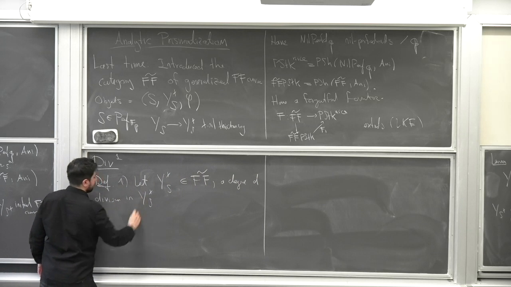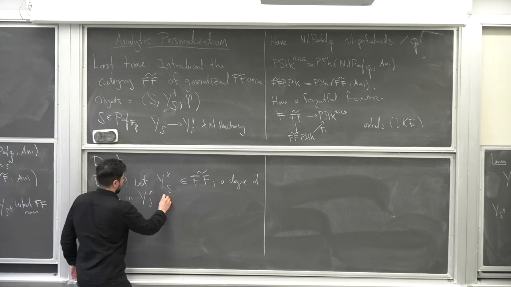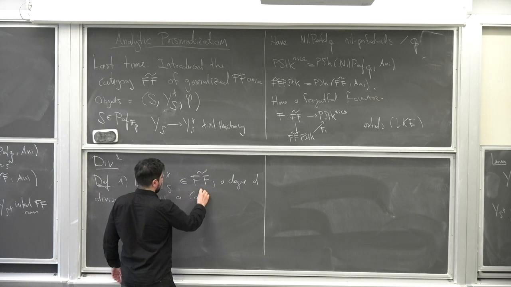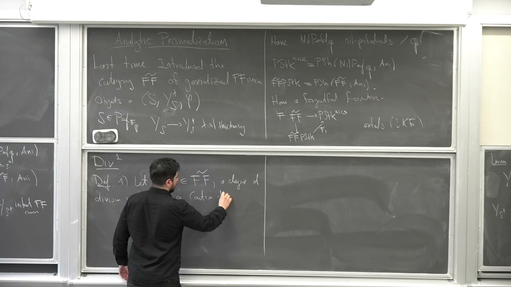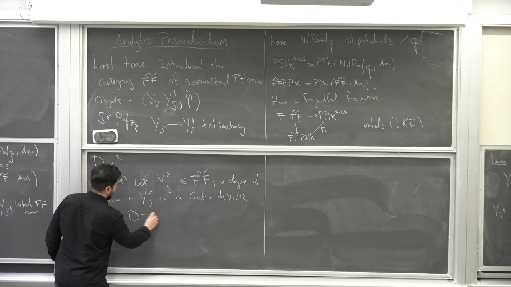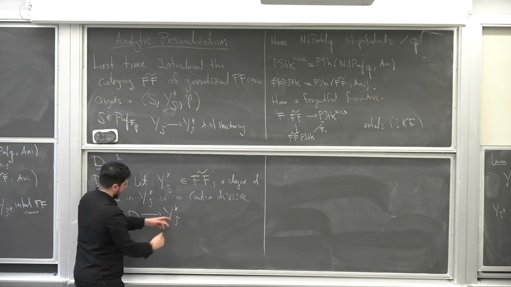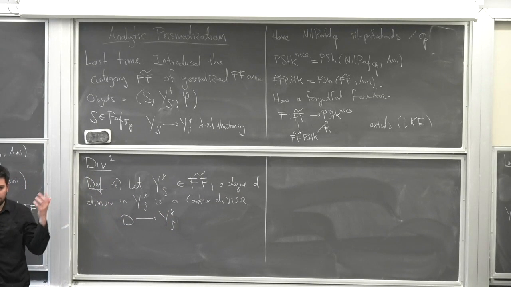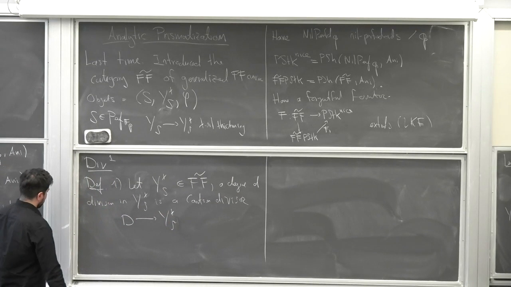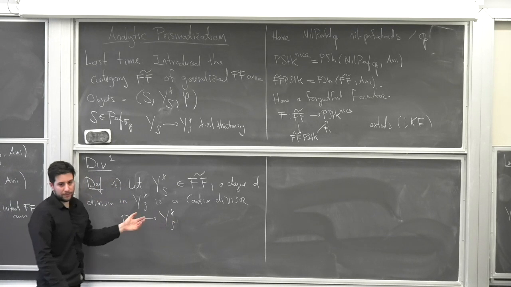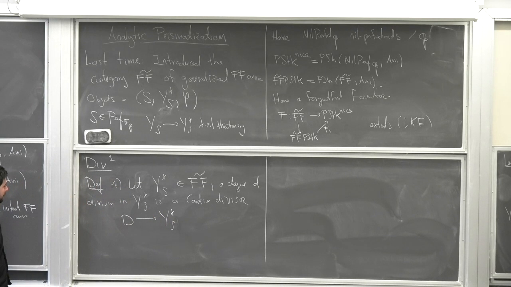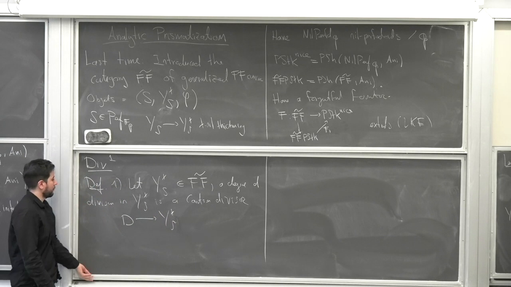This thing is just a Cartier divisor, meaning again, this guy has the structure of an adic space in this more general sense. We still can talk about immersions given by just locally one ideal. So this makes sense in terms of geometry.